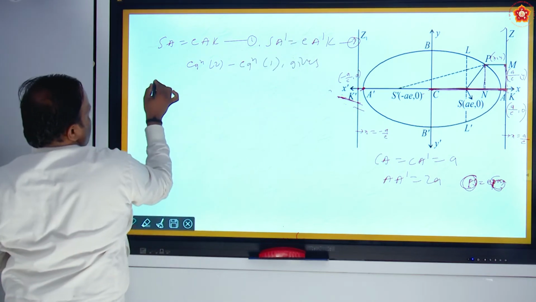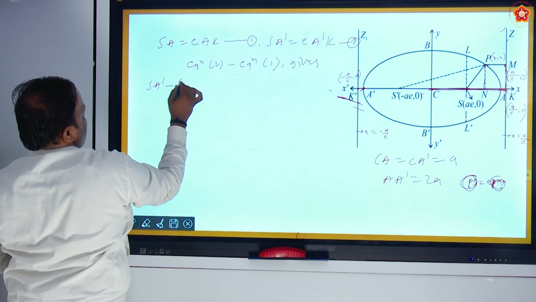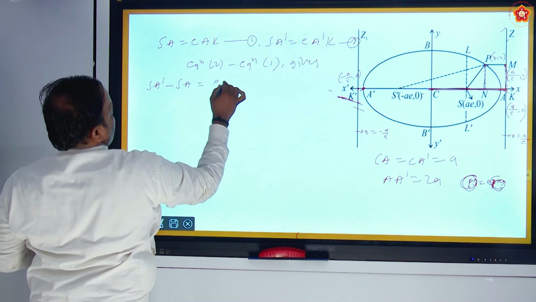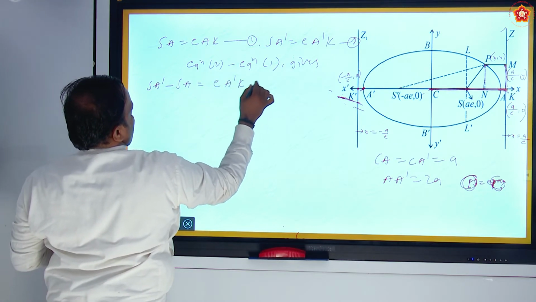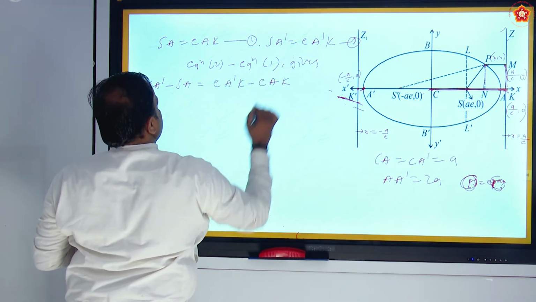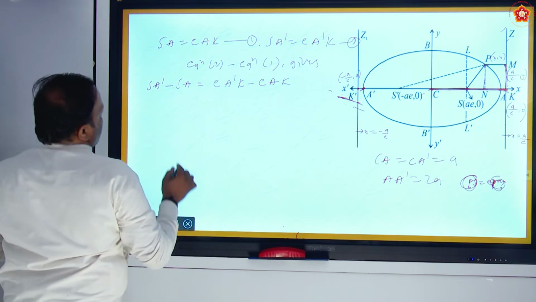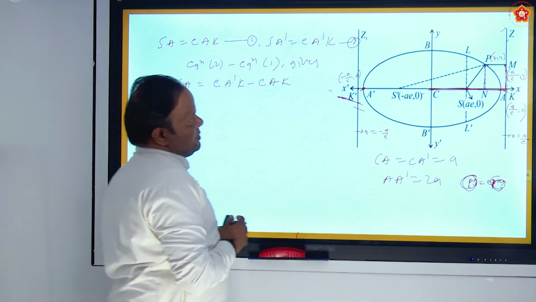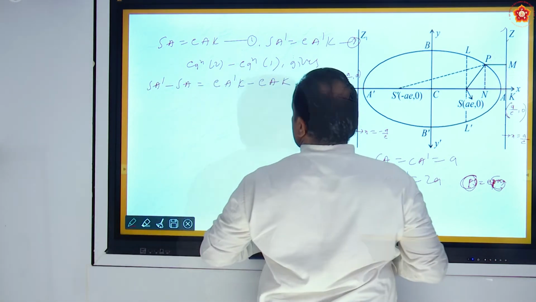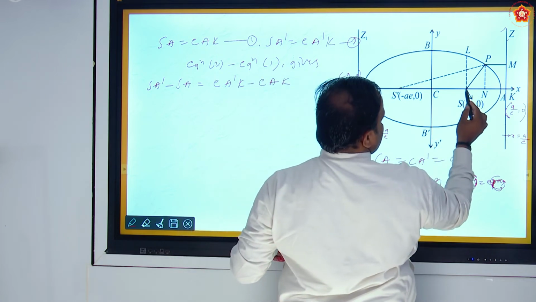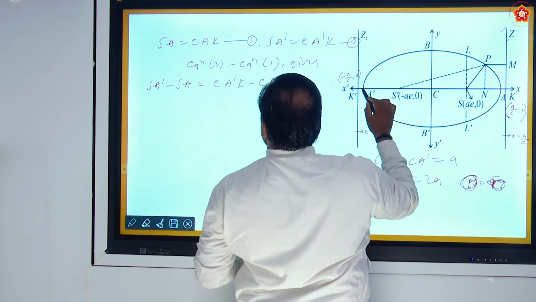First, equation number 2 LHS: SA dash minus SA is equal to EA dash K minus EK. Okay, so what is SA dash minus SA? S is here, A dash here.